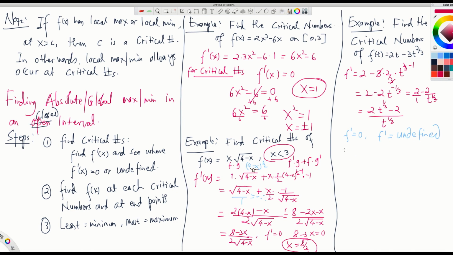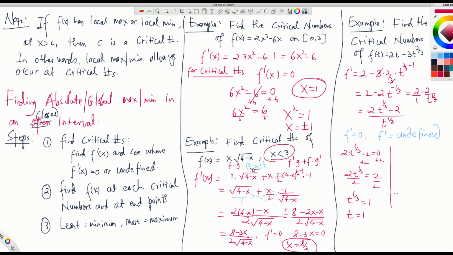So you get 2t to the 1/3 minus 2 equals 0. Let me add 2 on both sides. You get 2t to the 1/3 equals 2. Divide by 2. You get t to the 1/3 equals 1. So basically t equals 1 is one critical number.